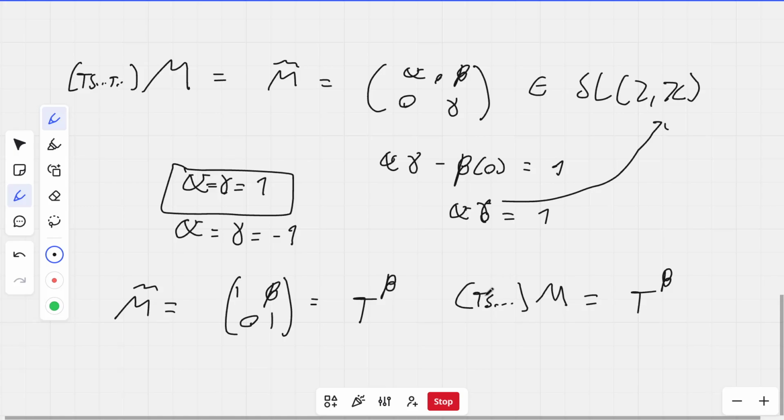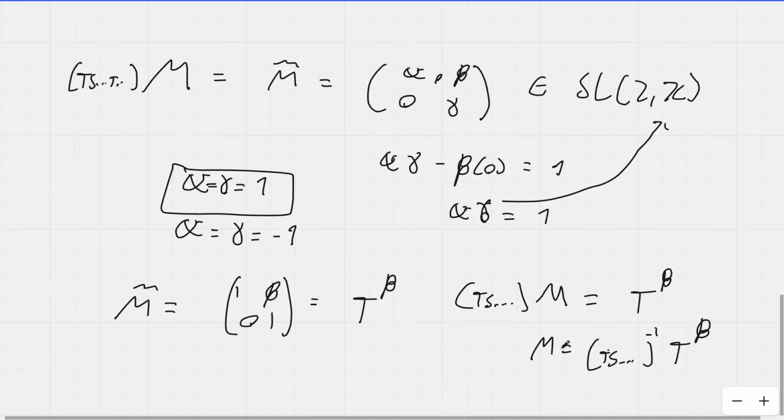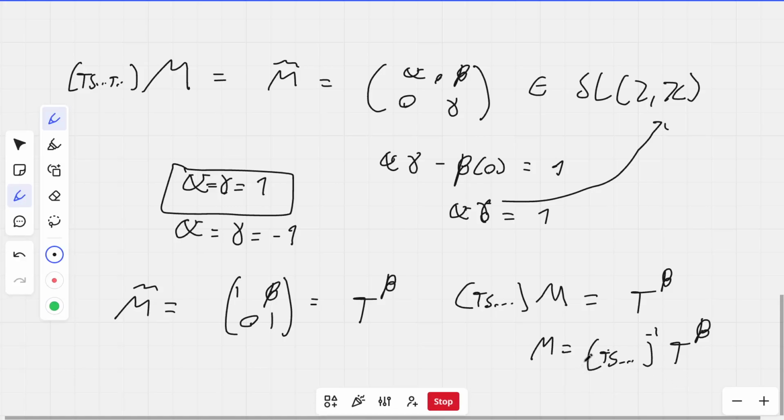And so in this case, we can multiply by the inverse of this. And we've expressed our arbitrary matrix M as a product of the matrices S and T. However, so that's this case done for.